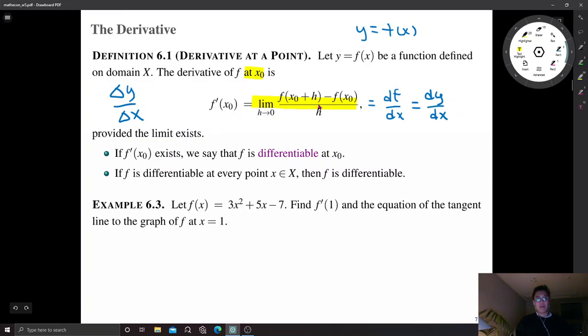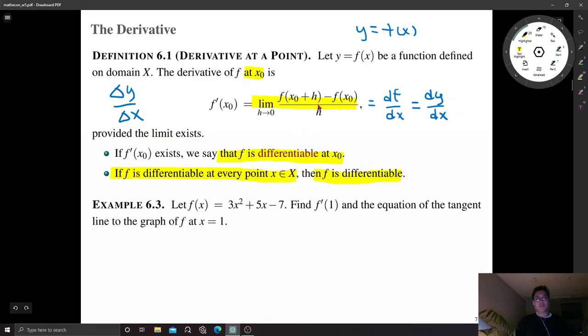But if the limit of this expression exists, in other words, f prime of x naught exists, so the derivative is well defined at that point x naught, then we say the function is differentiable at that point. And if the function is differentiable at every point x, then we simply say the function is differentiable.